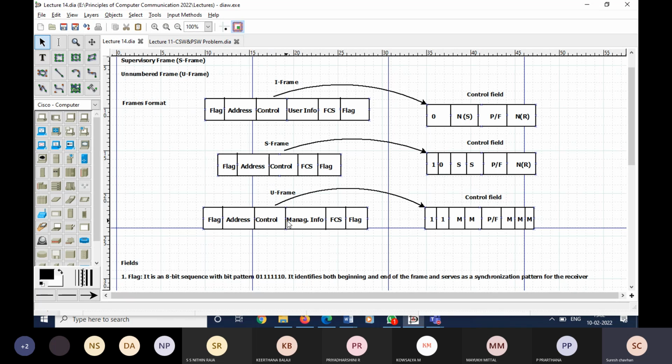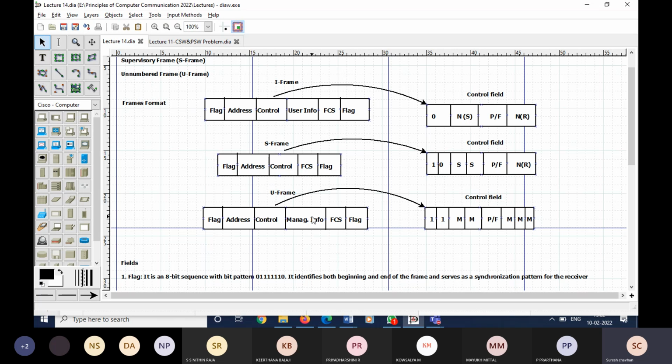In the U frame, there is a little bit of change. Here, instead of user information, there is management information. Suppose you want to establish the connection, or disconnect the link, you need this.